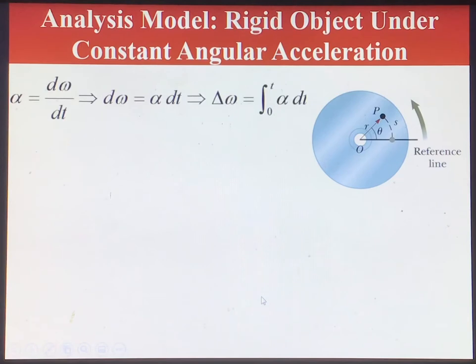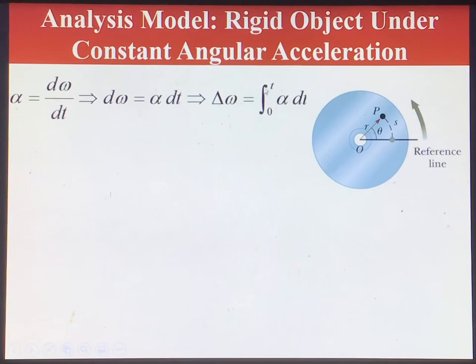All right. Now we're going to do some analysis. We're going to look at a rigid object that is under constant angular acceleration. Just as we did for linear motion, if you remember those motion equations that we derived in chapters 2 and 3. If alpha is constant, not changing, then I can rewrite this equation as d omega equals alpha dt.